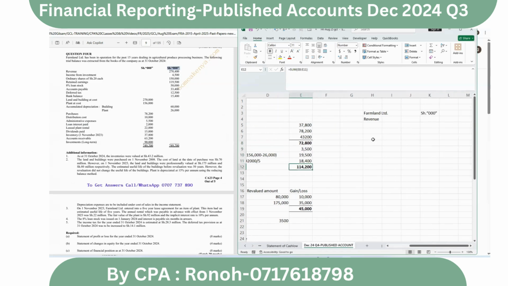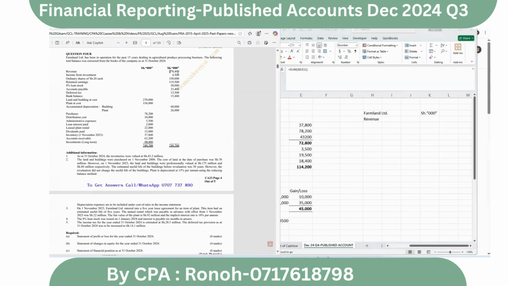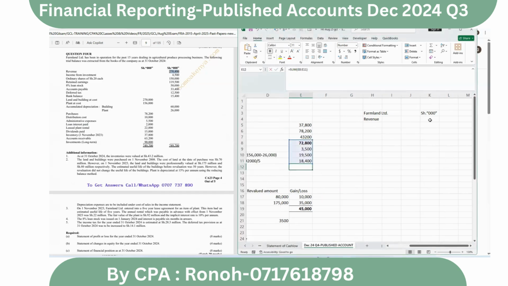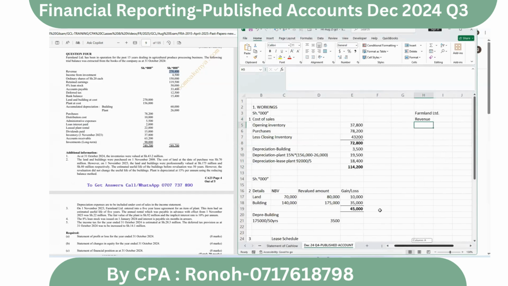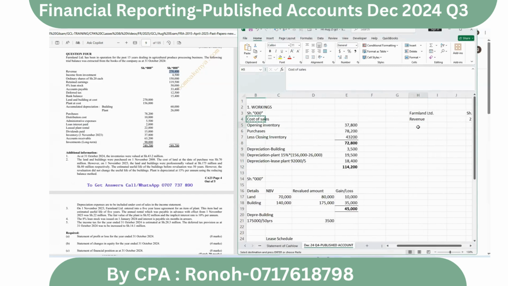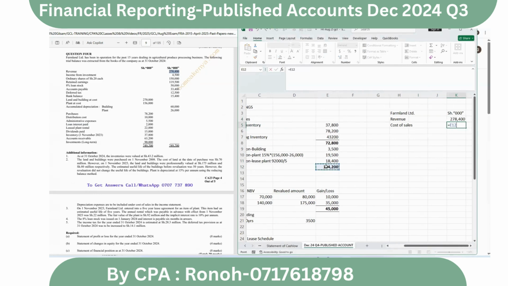We will have revenue, which is 278,400. We will have cost of sales. Cost of sales is this one. Subtract to get the gross profit. So that is our gross profit.